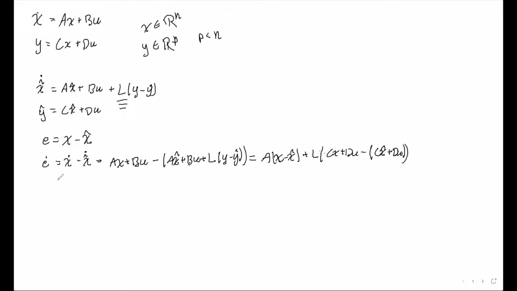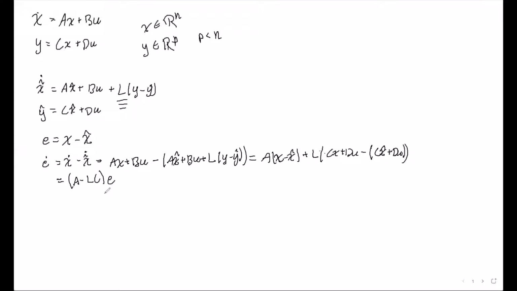And so finally, when you combine all these and realize that x minus x hat is simply E, we get the following expression for E dot: A minus LC times E.